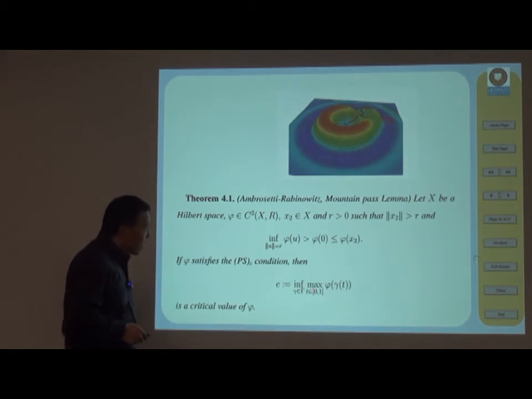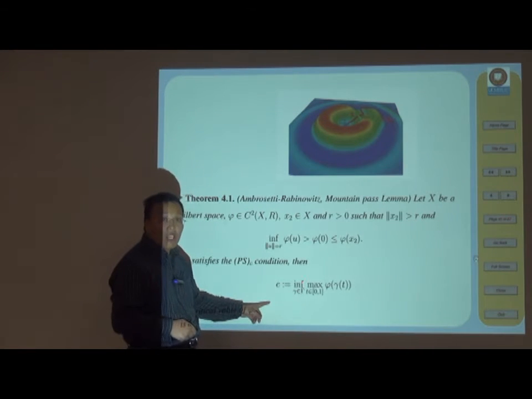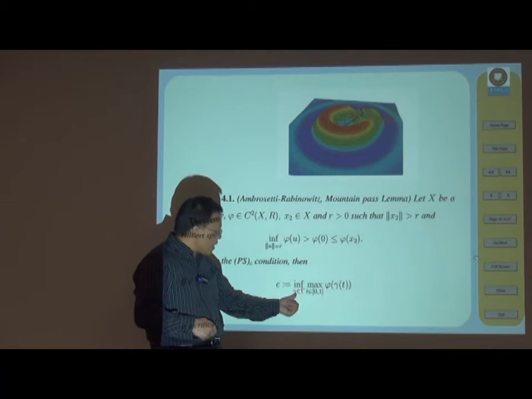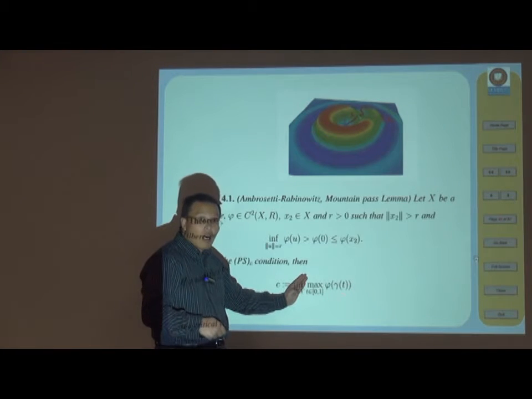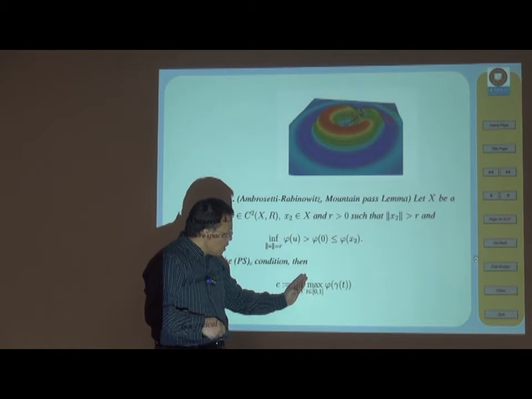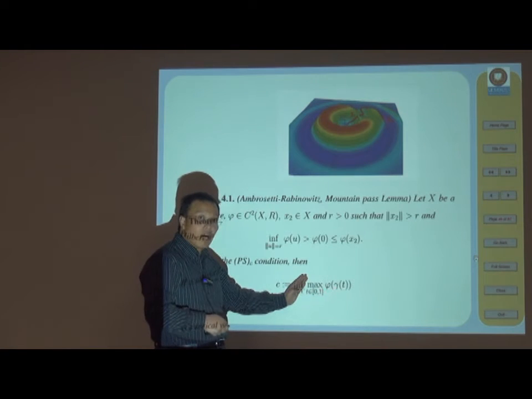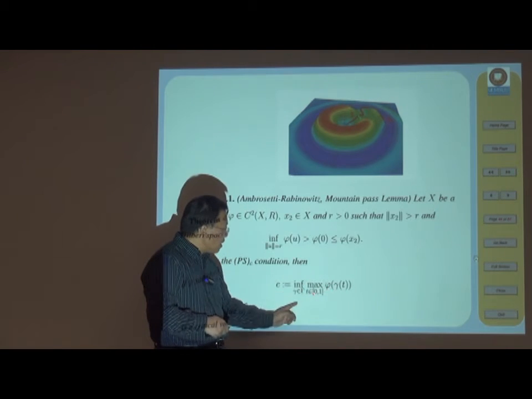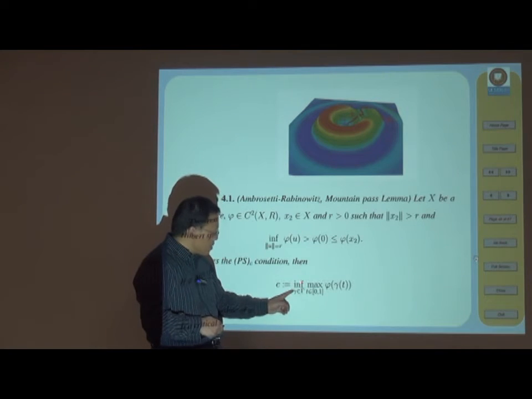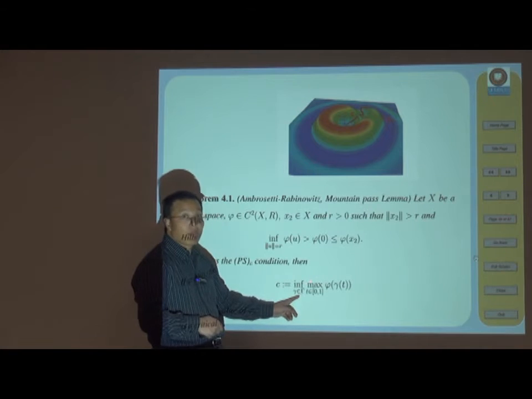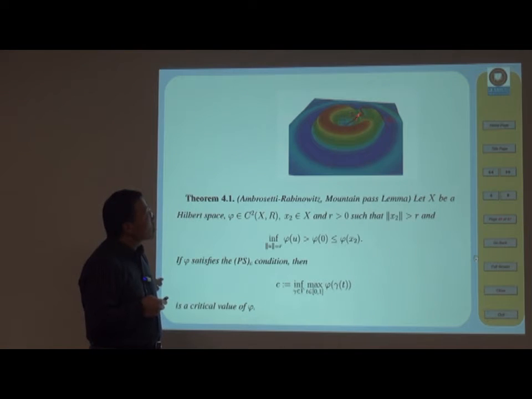So given a path, firstly you compute the path height, and then you compute the infimum over all paths, and just this value is the critical value of phi.